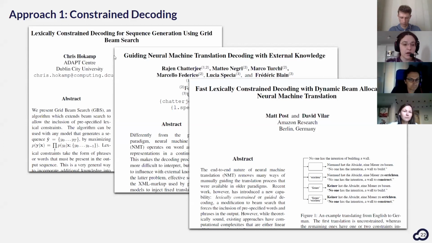For example, Hokamp and Liu created a separate beam bank for every single constraint token. Each beam bank must output its constraint if that constraint has not already been output in the hypothesis so far. At each time step, the decoder then picks the highest scoring hypothesis from the beam banks. The translation is finished when all of the constraints have been satisfied and you reach an end of sentence token.